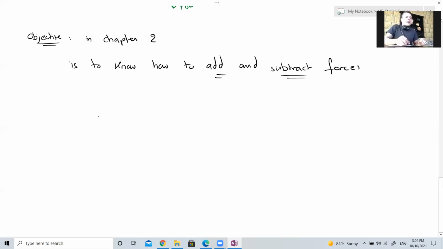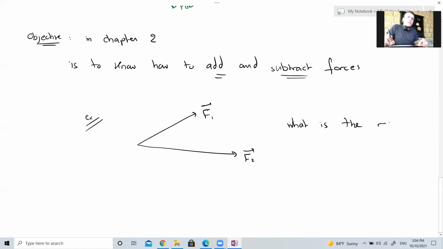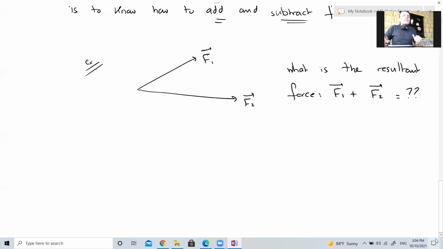For example, if you have these two forces F1 and F2 like this, what is the resultant force, which is F1 plus F2? How can you find its magnitude and its direction? This is the objective of chapter 2.